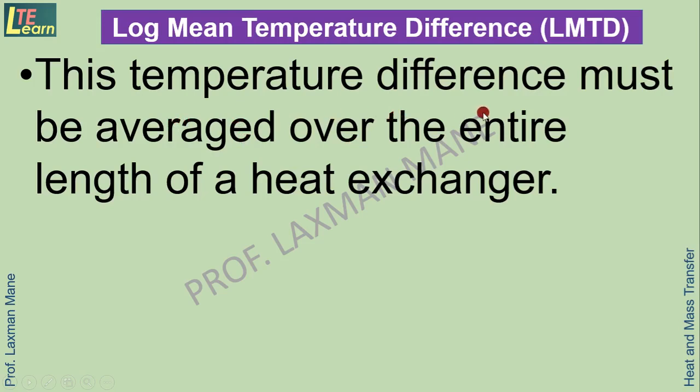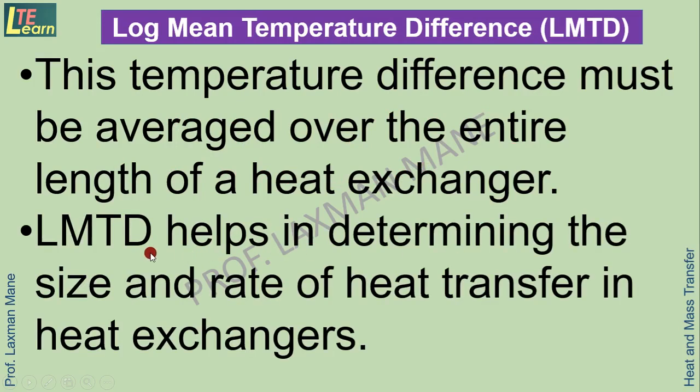This temperature difference must be averaged over the entire length of a heat exchanger. So LMTD, log mean temperature difference, helps in determining the size and rate of heat transfer in heat exchangers.